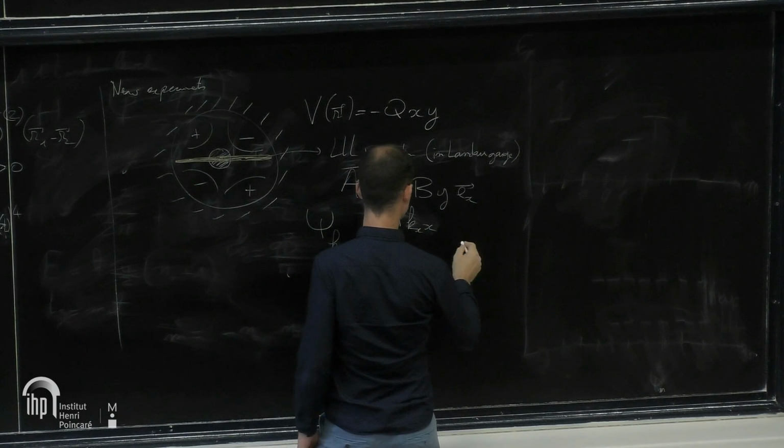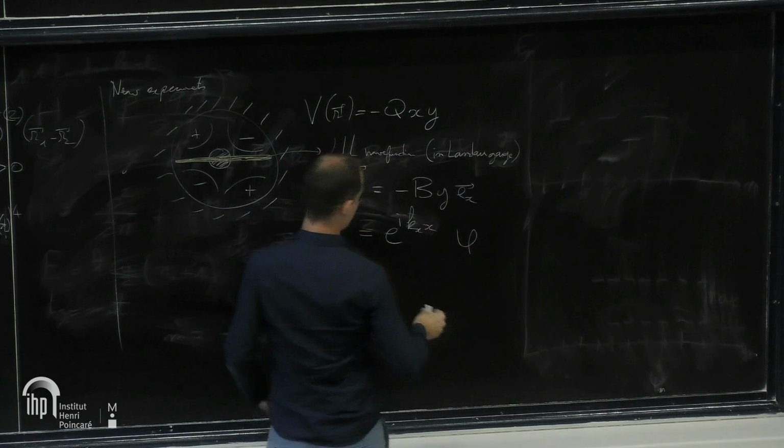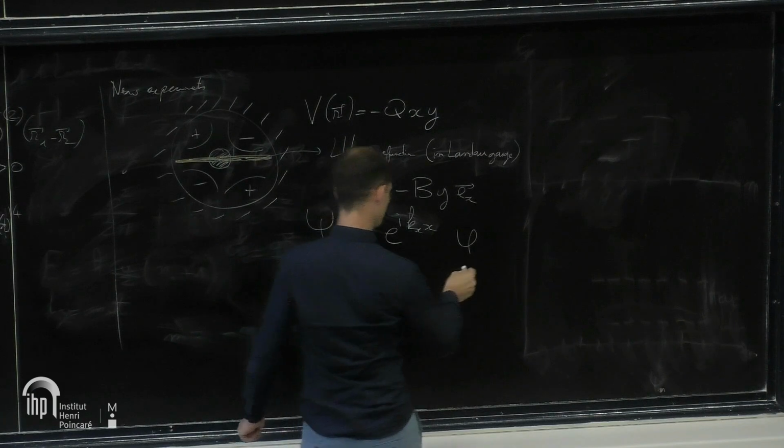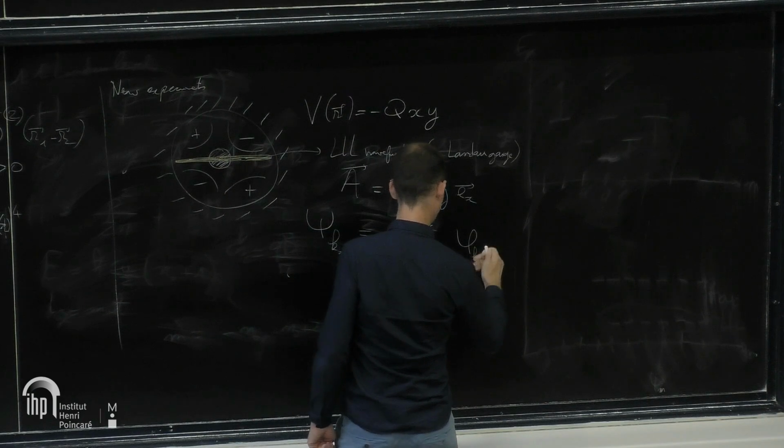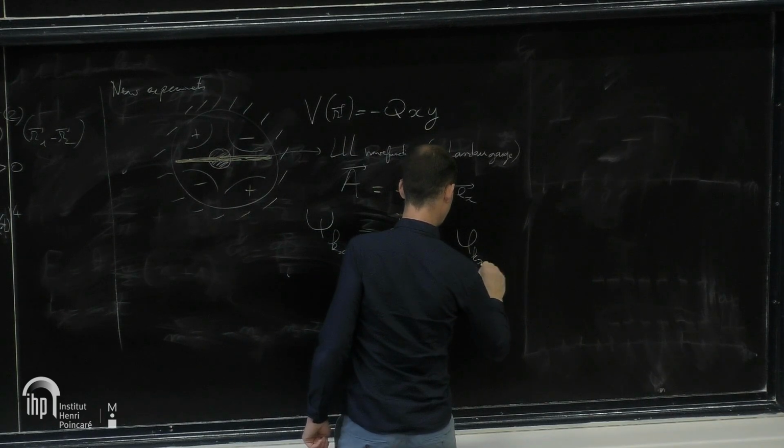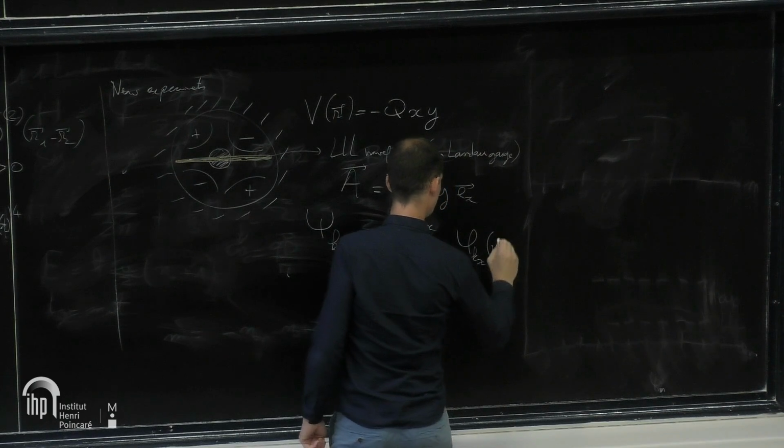In practice it's a Gaussian along Y, and the center of the Gaussian depends on kx, but it is not very important for what I want to say. So it's phi kx of Y.